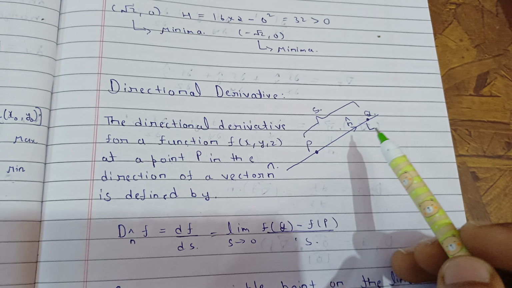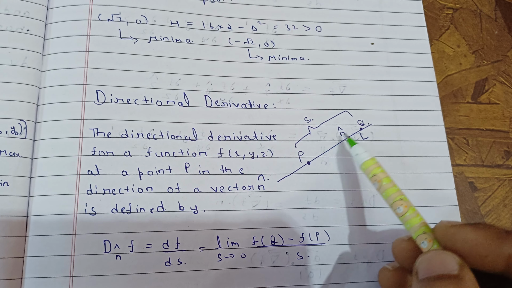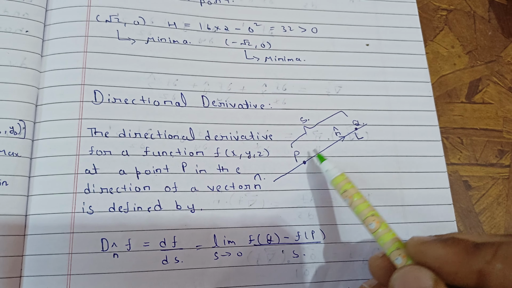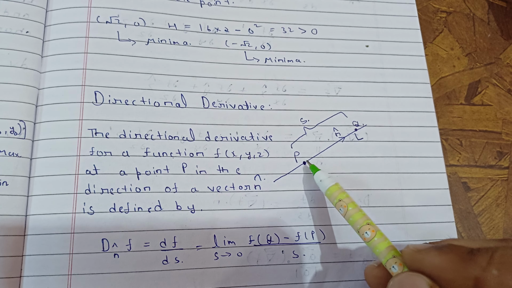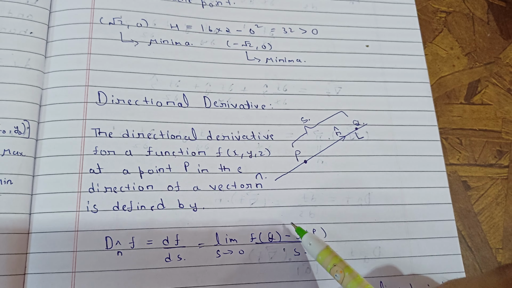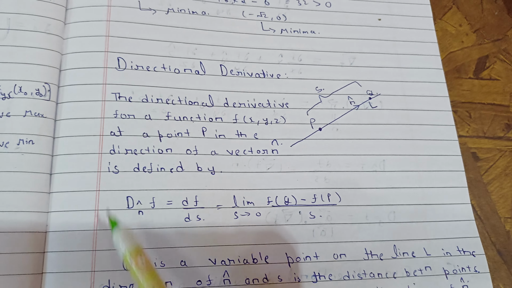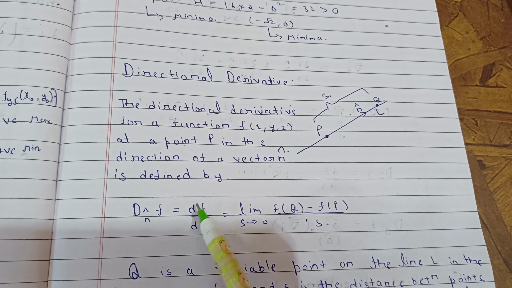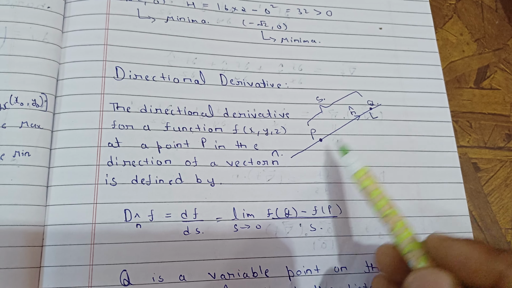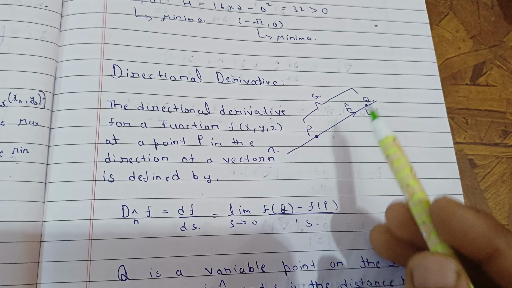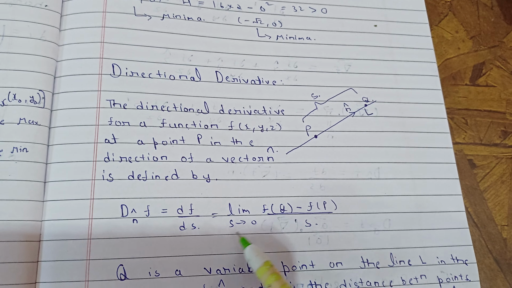We can define it in this form: if this is your s distance, then this minus this divided by s tells how your function is changing in this direction. So this is your directional derivative, equal to df by ds, how f is changing with s. Here s is a very small distance, so we say s tends to 0.